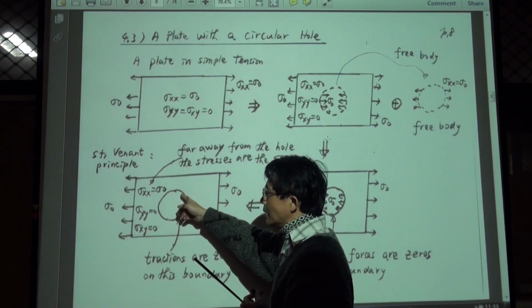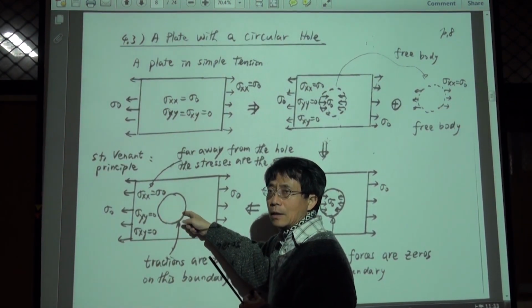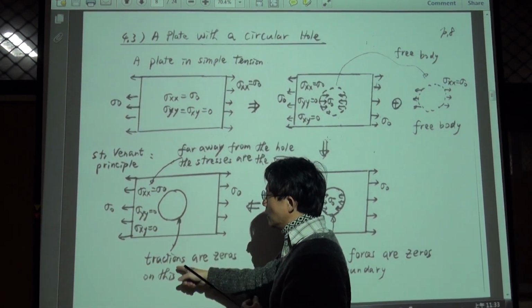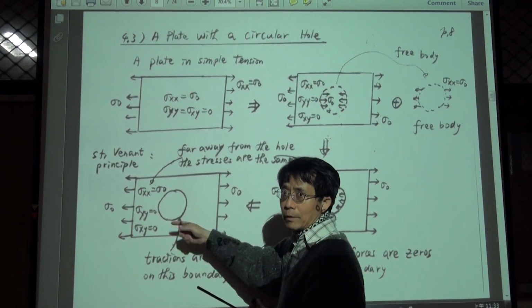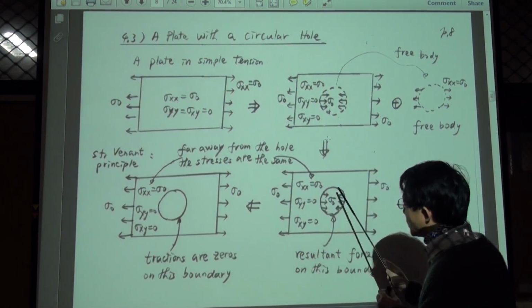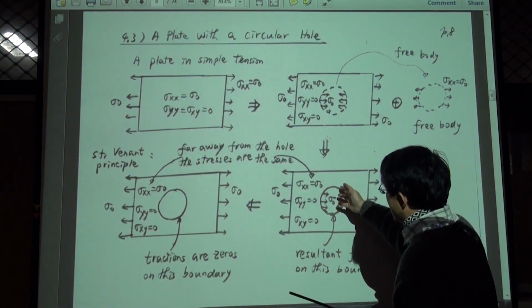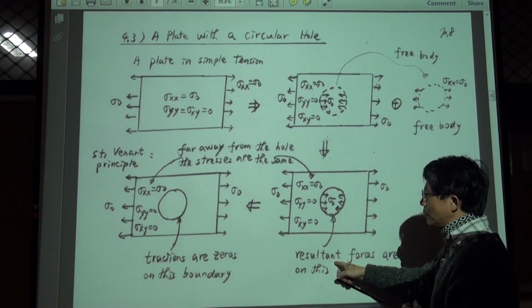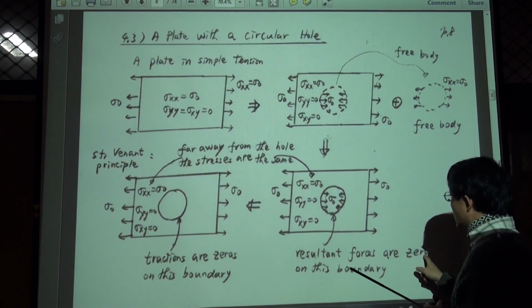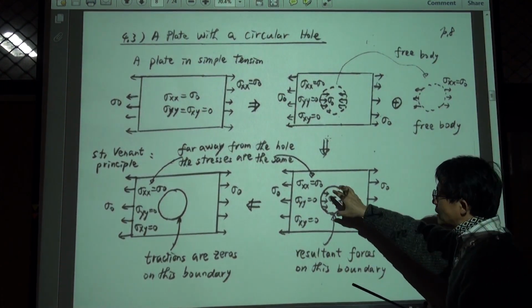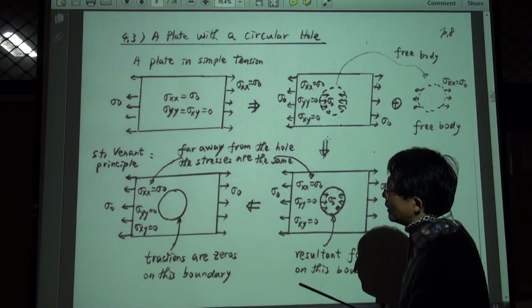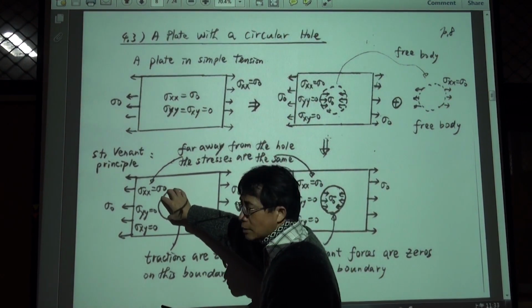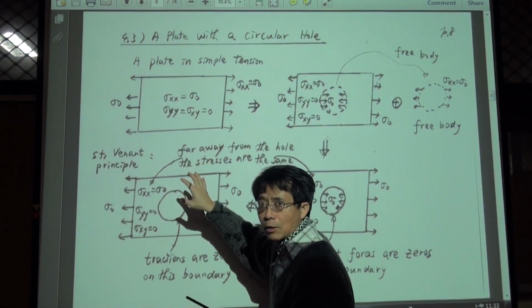Okay, so since no traction is applied on this boundary, the resultant is 0 here. Now, this plate with some internal tensile stress also has 0 resultant force. So the resultant force of this problem is equal to the resultant force of this problem. They are all equal to 0.